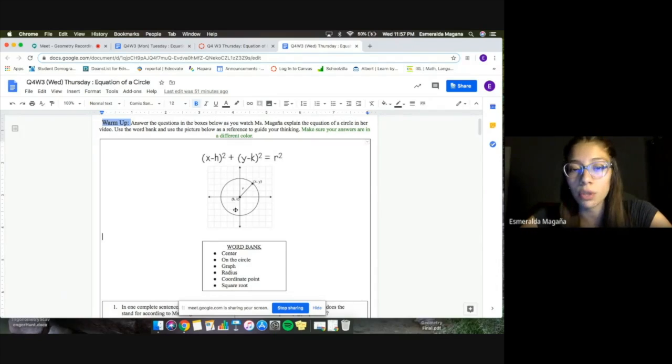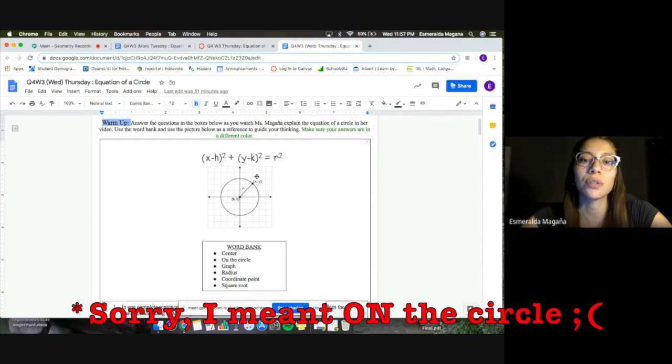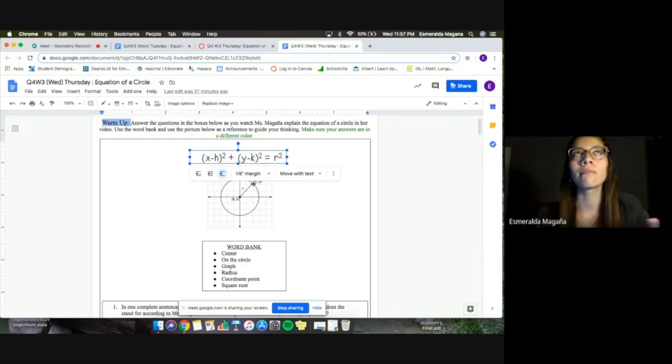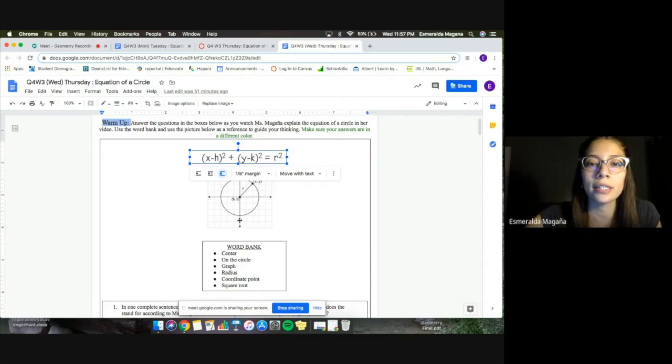If not, we would try to find a coordinate point that's inside your circle, but we're actually looking at the outside of your circle. So in this case, x and y is a coordinate point outside your circle. Okay, that wasn't properly said. It's a coordinate point on your circle, okay, on it.